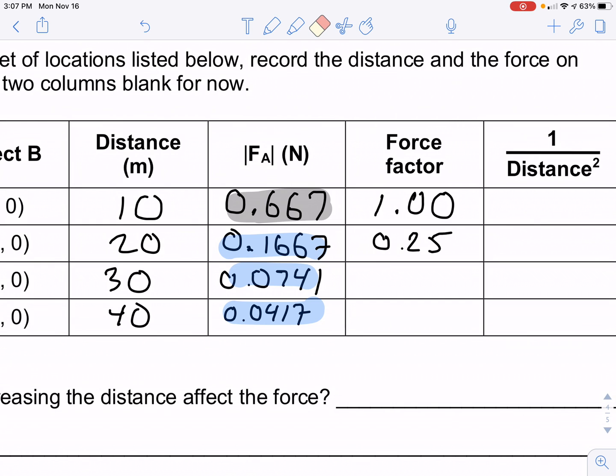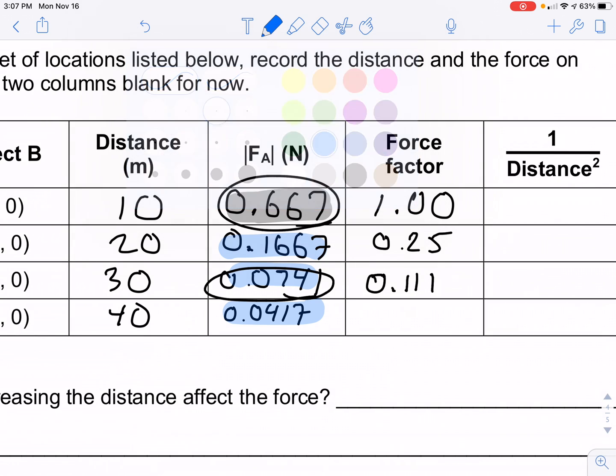Okay, now let's take a look at this. Now we're going to take this number, 0.0741, and divide it by the original force. So 0.0741 divided by 0.667, we get about 0.111. Okay, and in parentheses, I'm going to put what these are. So this is 1/4. This is actually 1/9. 1 divided by 9 is 0.111.